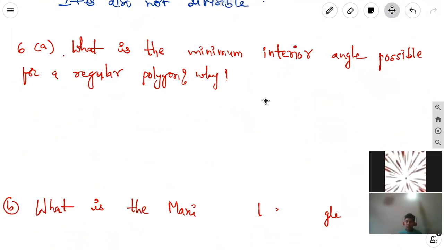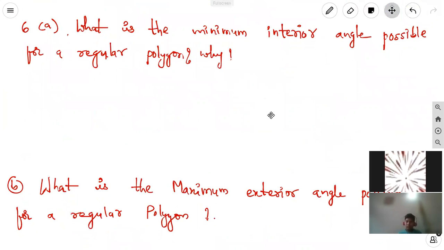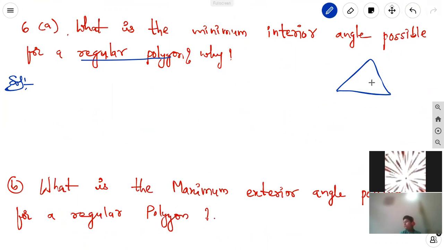Next, what is the minimum interior angle possible for a regular polygon? Why? Minimum interior angle means in the regular polygon, the minimum sides. Equilateral triangle is having the minimum sides, so that is the minimum interior angle.